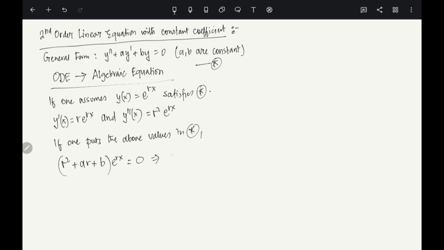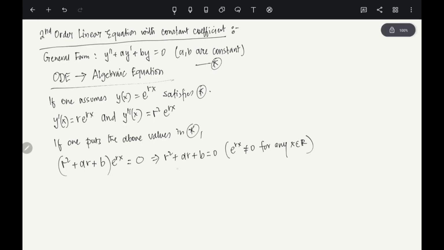What does that imply? That implies r squared plus ar plus b equals 0, because e to the power rx is never 0 for any x in R.